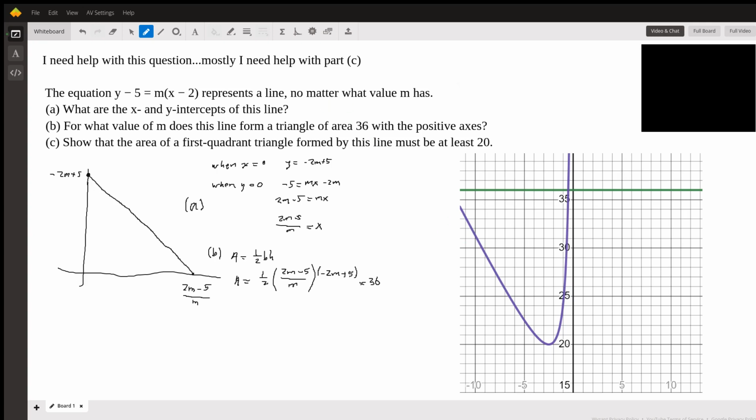You can't get it exactly, but this is y equals 36 here, or I should say area equals 36, and this point of intersection here is -1/2, comma 36.